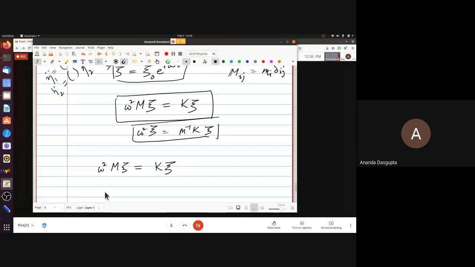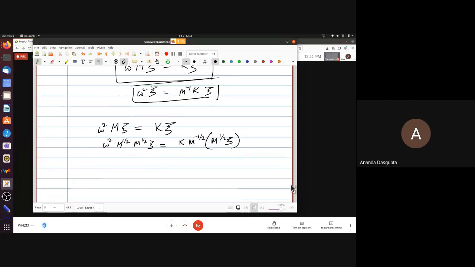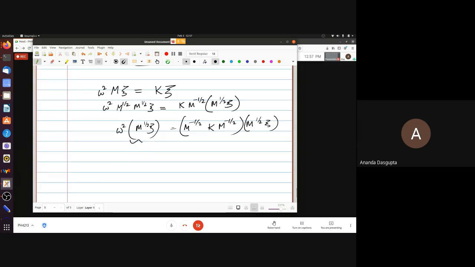You write it like this, and then go over, and you now call this thing eta, and you end up with omega square eta is k bar eta.